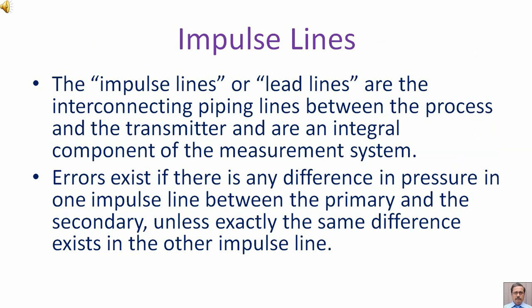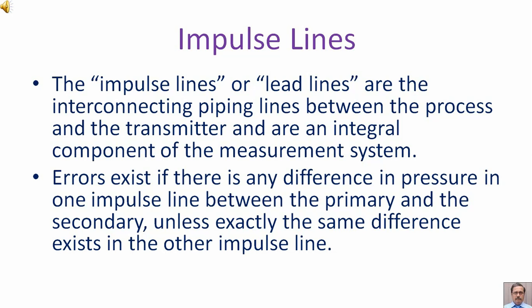Components. Impulse lines. The impulse lines or lead lines are the interconnecting piping lines between the process and the transmitter and are an integral component of the measurement system.